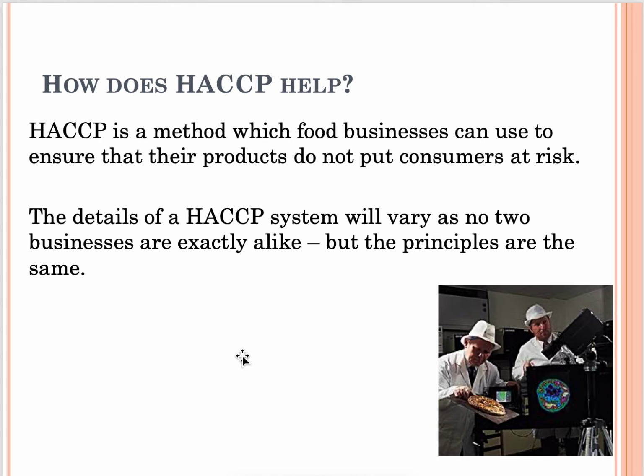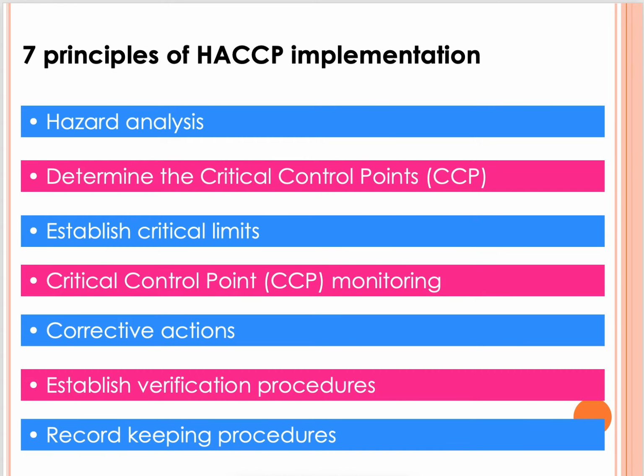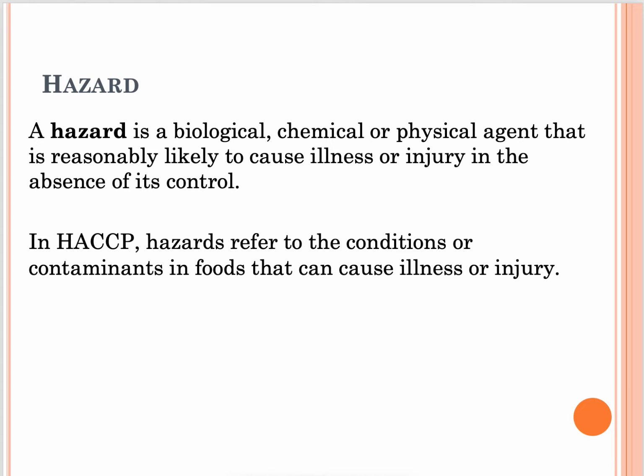The detailed procedures of HACCP may vary from company to company based on their product. However, there are some principles of the HACCP system. There are 7 principles, and these principles are the same for all factories, all industries. I'll talk about these principles, but before that, what is the main goal of the HACCP system?